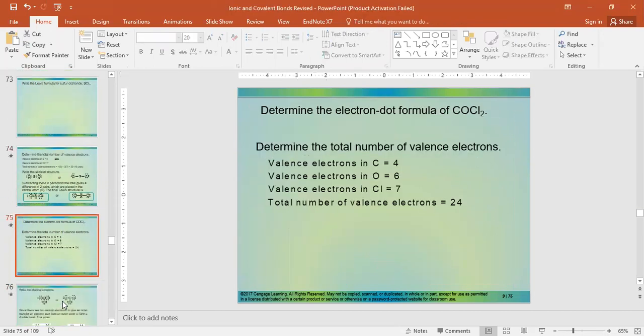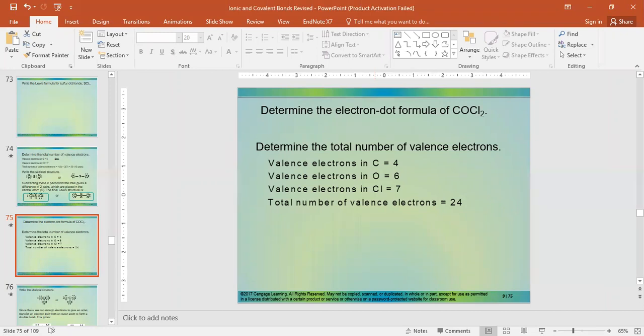So the other example is actually in the slide that follows. If you look at this slide, you have this particular compound here. The question now is, how do we write the Lewis dot formula of this particular compound?